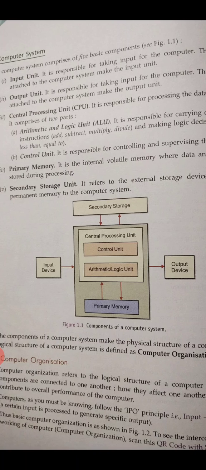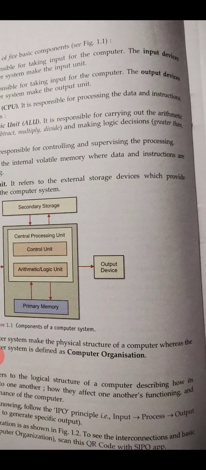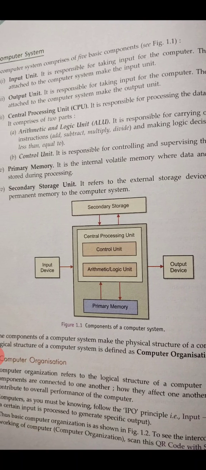After that, memory is required. For memory, there are primary memory and secondary memory. Primary memory is the internal volatile memory where data and instructions are stored during processing. Volatile means once the power gets disrupted or power is unavailable, the data will get lost.